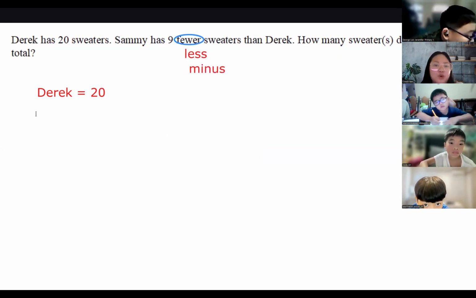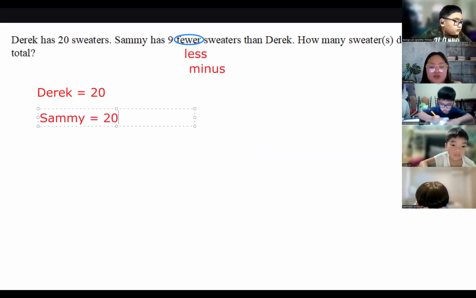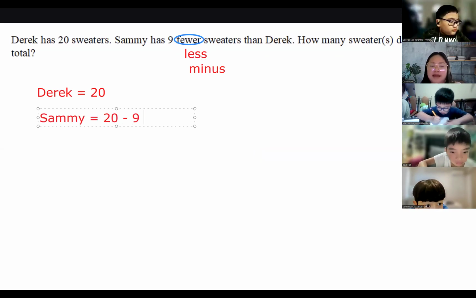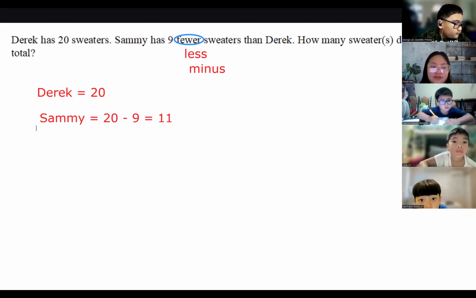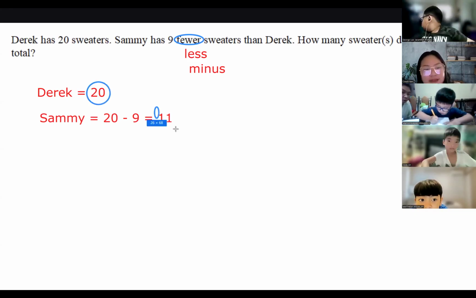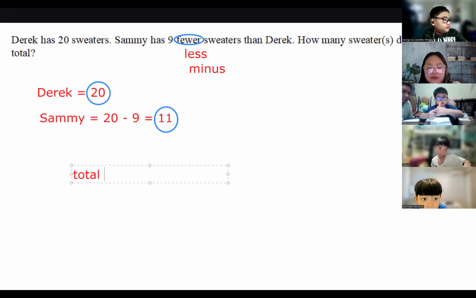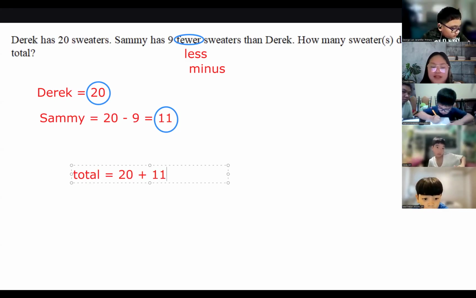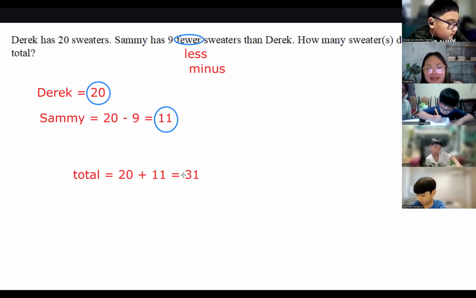Right? So, Sammy has 20 minus 9, which is 11 sweaters. Okay? So, you see this. Derek has 20. Sammy has 11. Total is going to be, you add them together to get the total, and you have 31. And that's the answer.